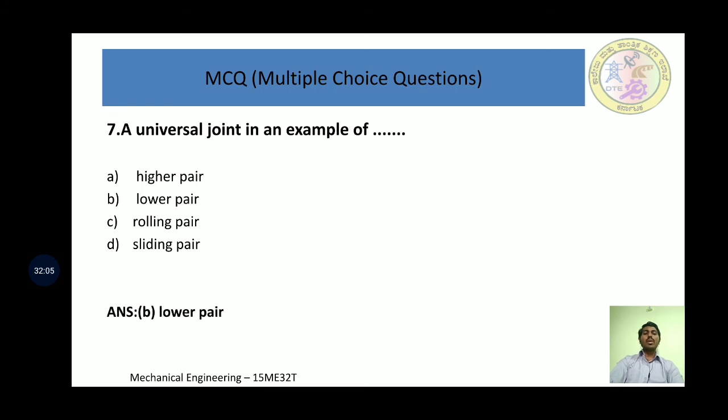Lower pair means when two elements of a pair have a surface contact when relative motion takes place, so one slides over the other. Sliding pairs, turning pairs and screw pairs all form a lower pair. So it has a sliding action, turning action and a screwing action. So many multi-directional actions take place, that's why it's an example of a lower pair.